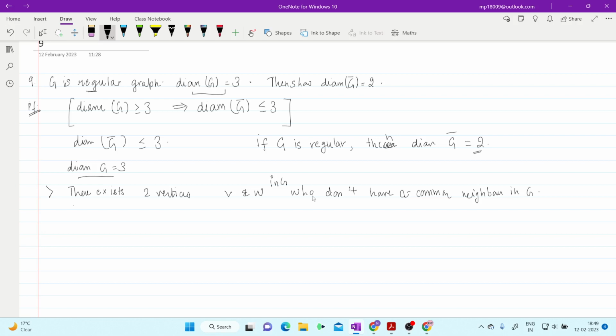Since the diameter of G is equal to 3, we have two vertices V and W whose shortest distance is 3. Therefore they cannot have a common neighbor.